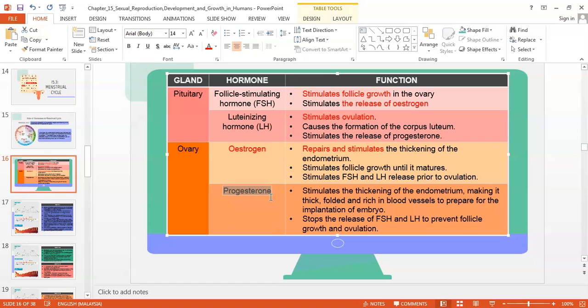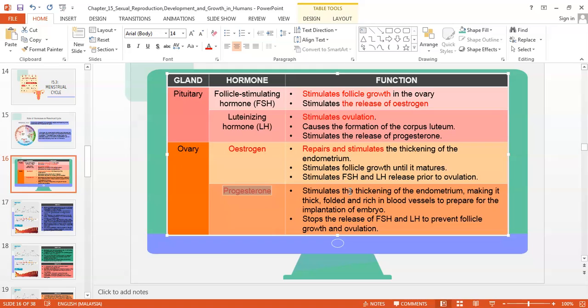Okay, and the last one is progesterone. The function of progesterone is to stimulate the thickening of endometrium, making it thick and folded. Walaupun nampak macam sama antara estrogen dengan progesterone, tapi dia ada perbezaan sedikit. The first one is estrogen yang datang dulu. Estrogen ni dia akan repair dan dia akan stimulate thickening.